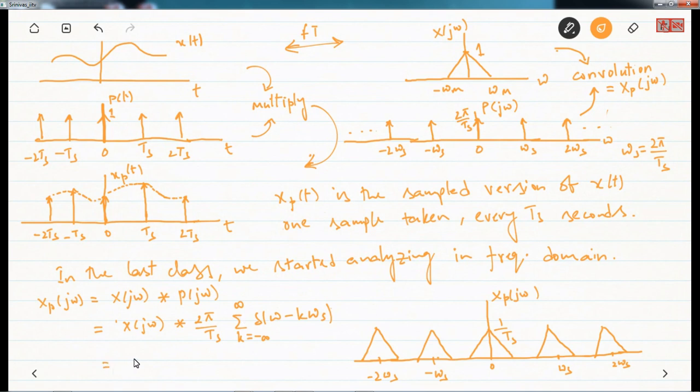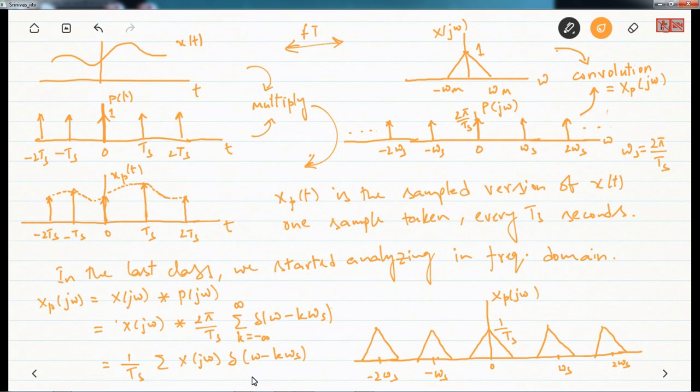That becomes, so this is still the convolution, that becomes 1 by Ts times the sum of X(jω). Let me check this.